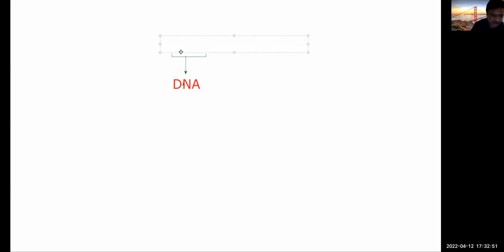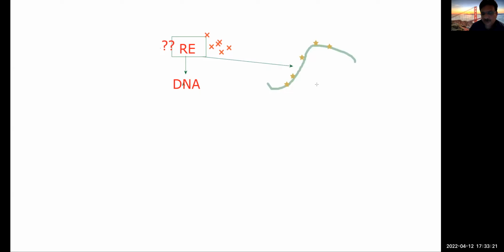Why only foreign DNA, right? So the answer is that these restriction enzymes cannot cut bacterial DNA because bacterial DNA is methylated.